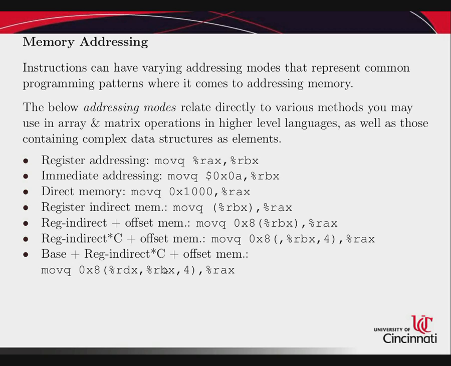In this case, I believe it's RBX multiplied by 4, add RDX to it, and then add 8 to it, which looks like a hugely complicated thing. I included it up here because you'll run into it more often than you'd like.